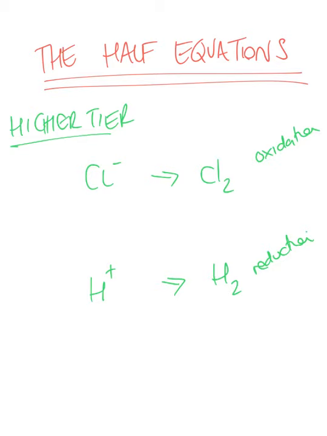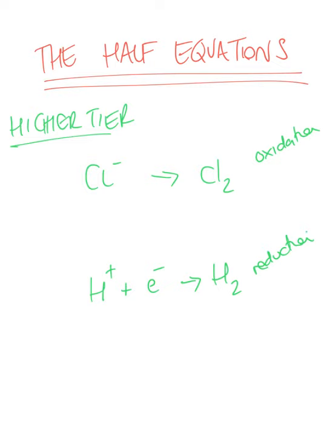Now if I've taught you over the years or you've watched previous videos, I always say that the reduction half equation is easier, because reduction is a gain of electrons, so you are adding electrons, and we add the electrons on the left hand side of the equation, which is what I've done here.